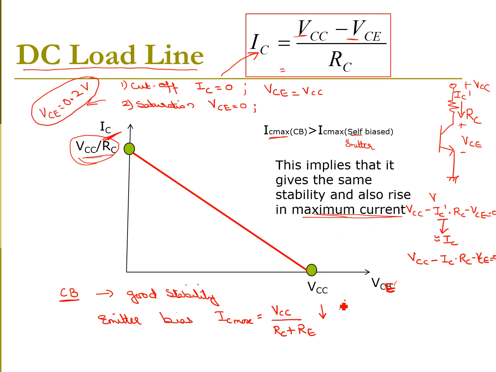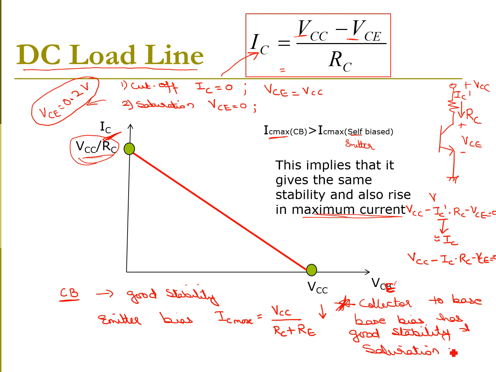So, in a very bold way, we can say collector to base bias has good stability and saturation level. So it is better than fixed bias and emitter bias.